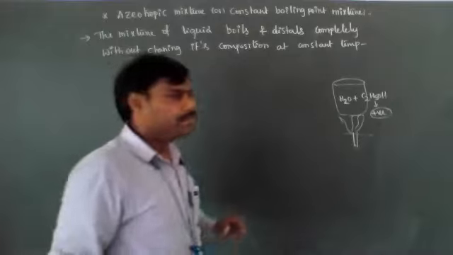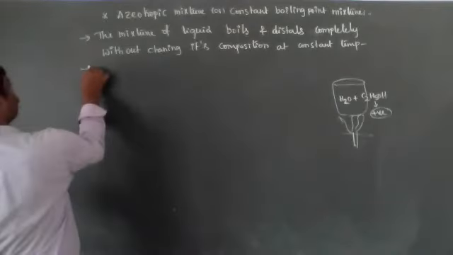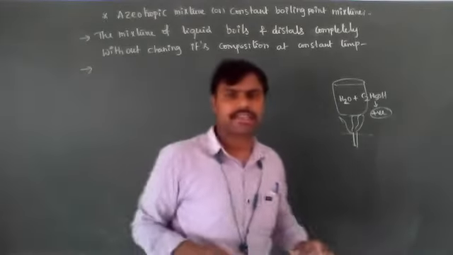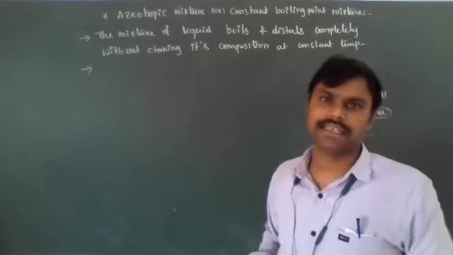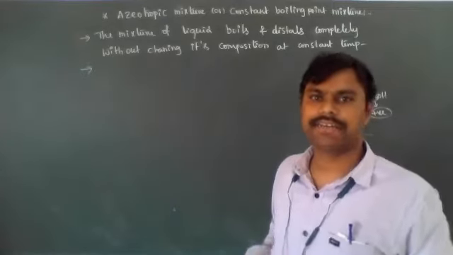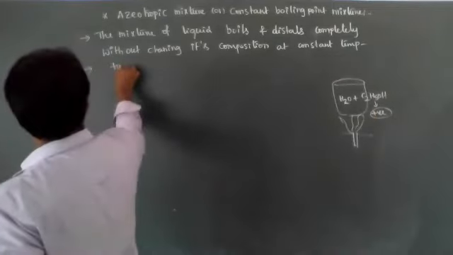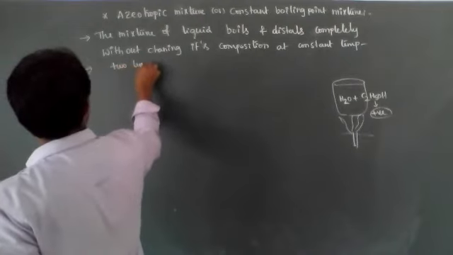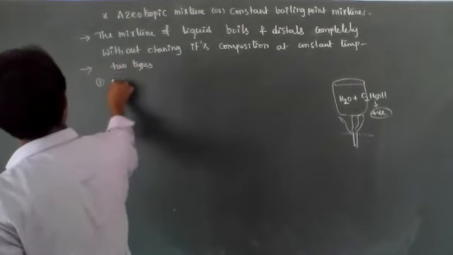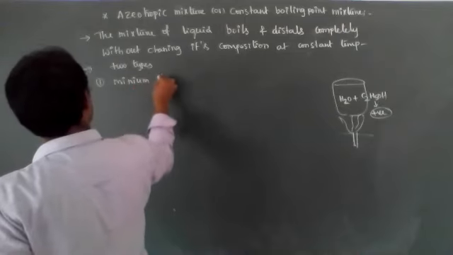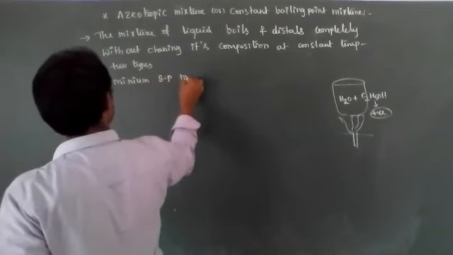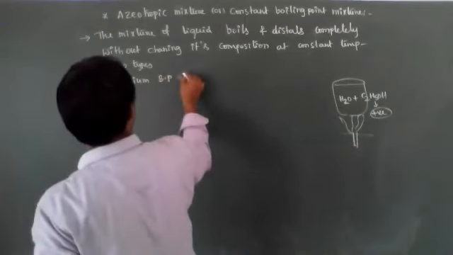Based on their distillation or boiling point temperatures, azeotropic mixtures are divided into two types. One is minimum boiling point mixtures, or minimum boiling point azeotropes.